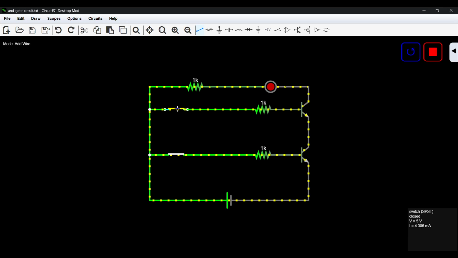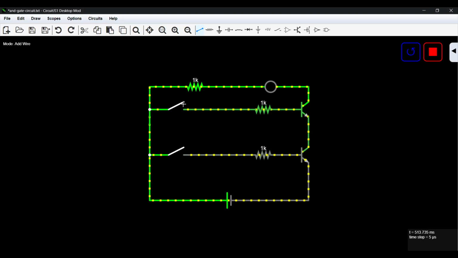Consider these switches as inputs. Right now it's pressed, which means the input is true, or rather say current is flowing through. If I want to say false, current is not flowing through, right?